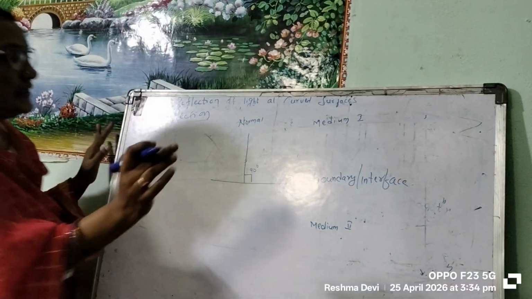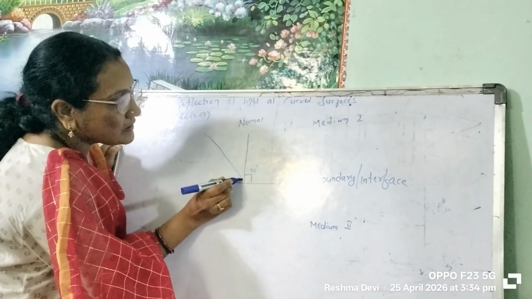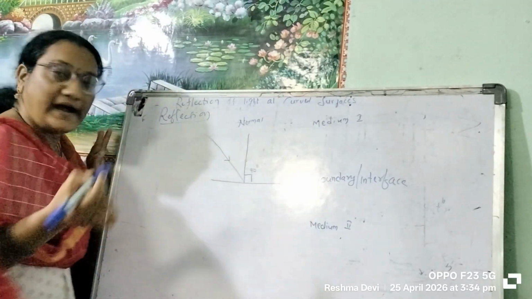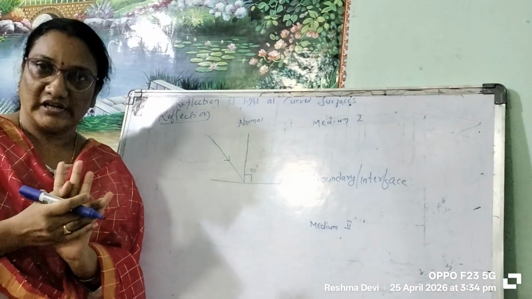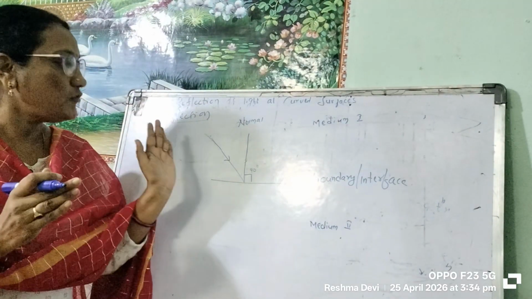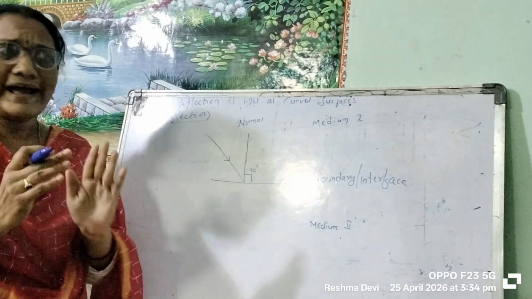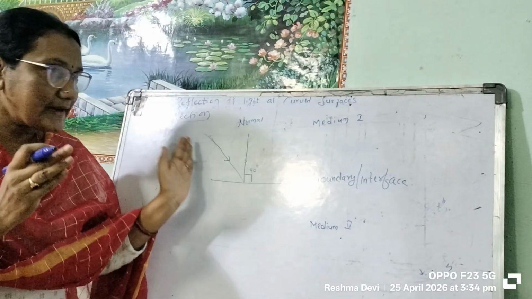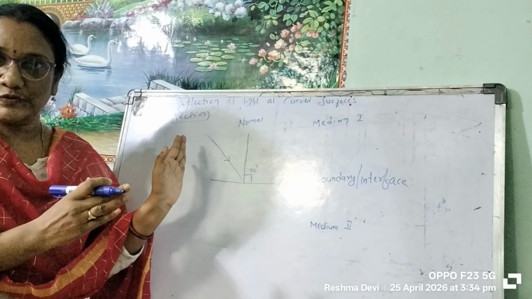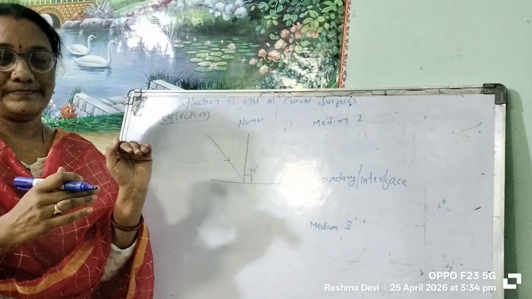Assume that a ray from the light source had fallen on the boundary. Or I can also say that a ray from the light source is incident on the boundary.